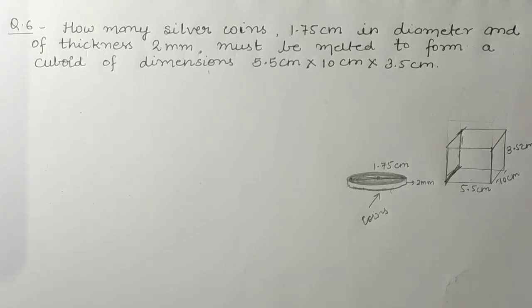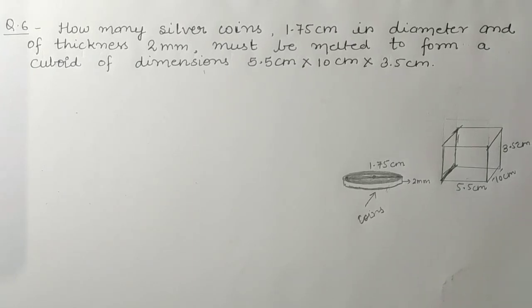So we have to find how many coins should be melted to get the cuboid of this dimension. So students, what should we do here?